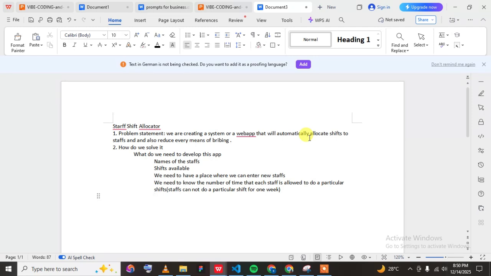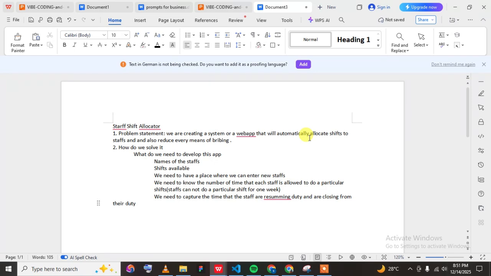So we should be able to capture the time that the staffs are resuming for duty and are closing from their duty.